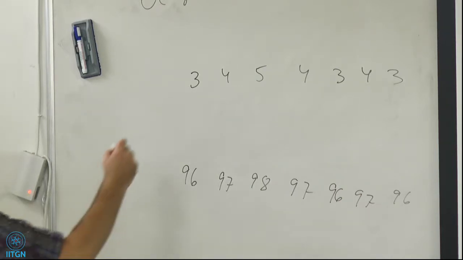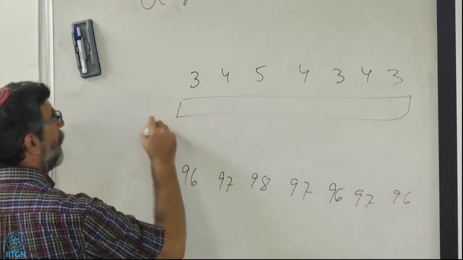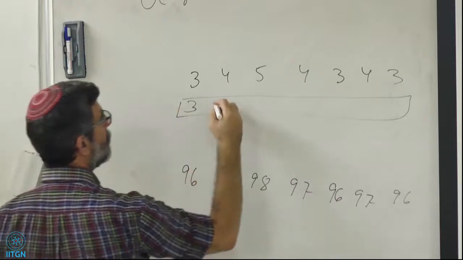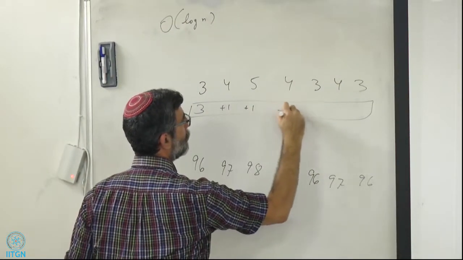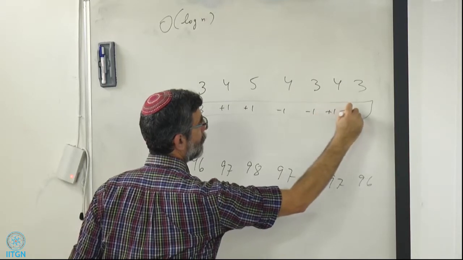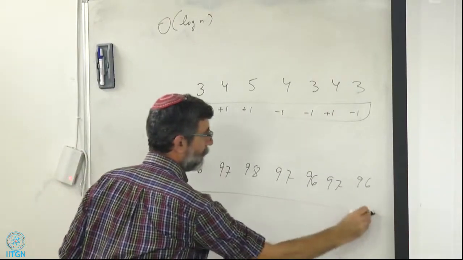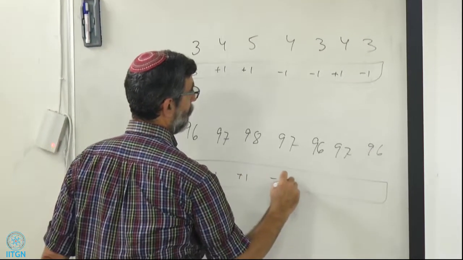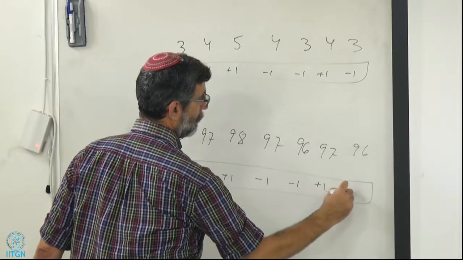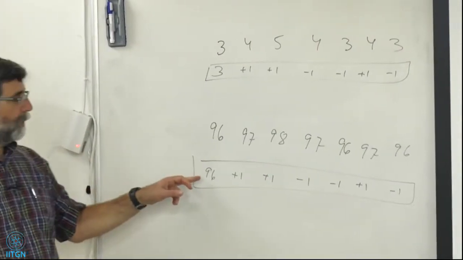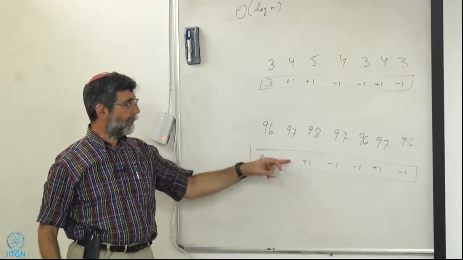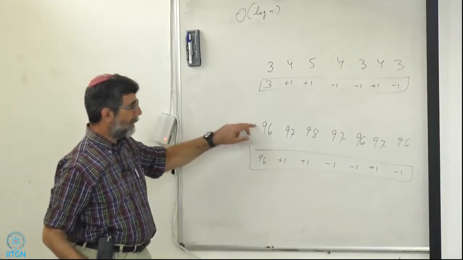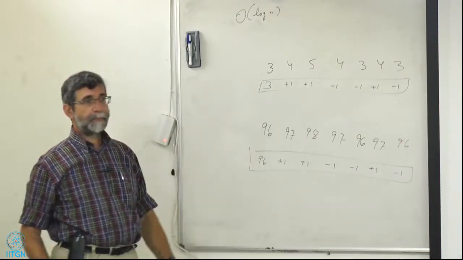Now, we're going to be able to represent this by writing 3 as the first position, and then +1, +1, -1, -1, +1, -1. And here, we're going to represent it by writing 96, +1, +1, -1, -1, +1, -1. Now, if I give you this array, then you know where to start, and the plus and the minus are going to tell you how to write the rest of it. So if I represent the array like this rather than like that, it doesn't really matter.